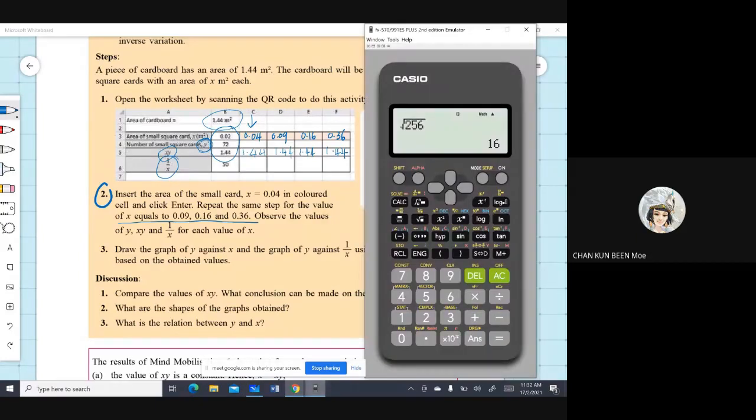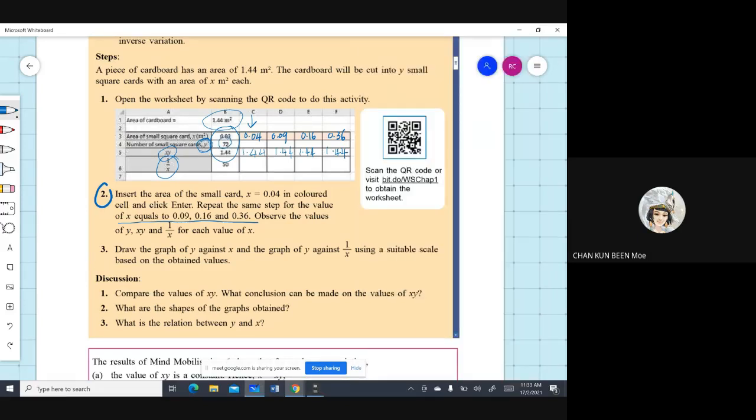Because it's an area, area is x times y, so to get y is 1.44 divided by 0.02, then you get 72 for this one. The rest, 1.44 divided by 0.04, I get 36 here. This one, I get 16. This one, 9. This one, 4.